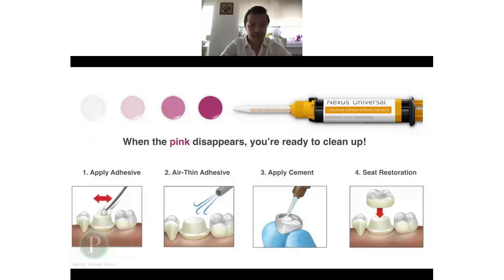It means 2 steps on the abutment and 2 steps on the crown. It has, as you see, a color indicator, and when the pink color disappears, you are ready to remove the resin cement, and the process is finished.